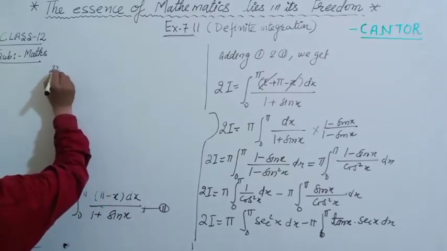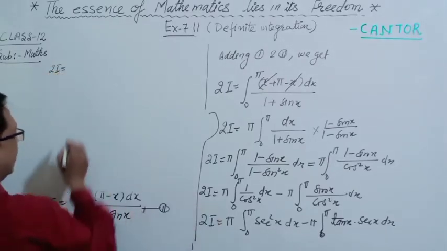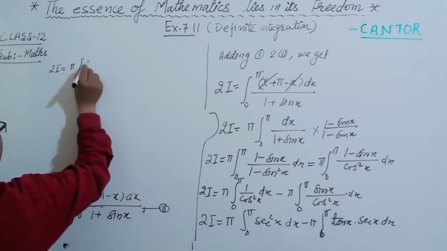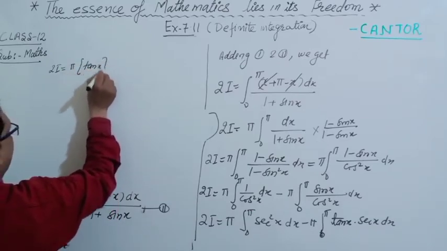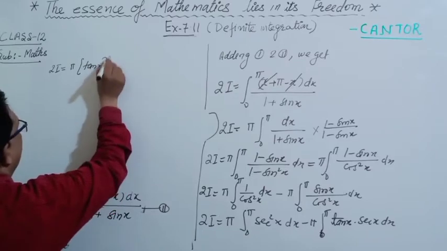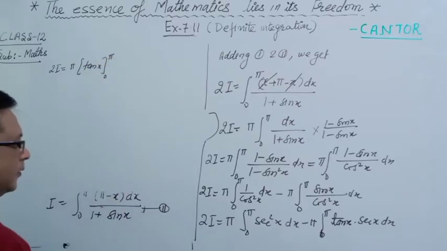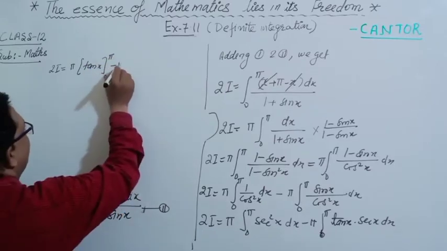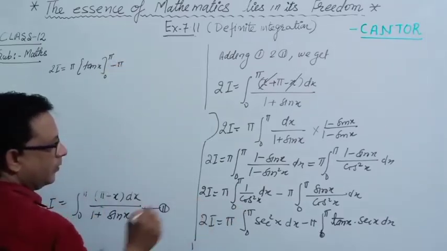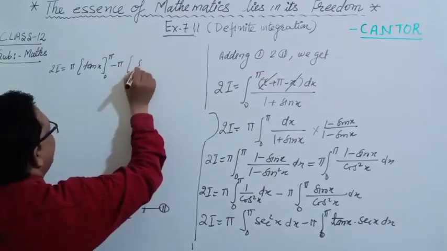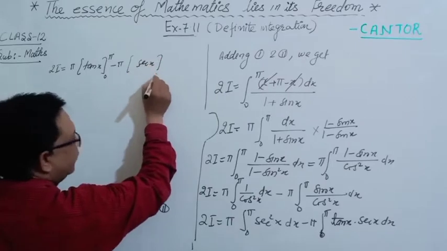Now 2I is equal to pi times, the integral of secant square x becomes tan x from 0 to pi, minus pi times sec x from 0 to pi.